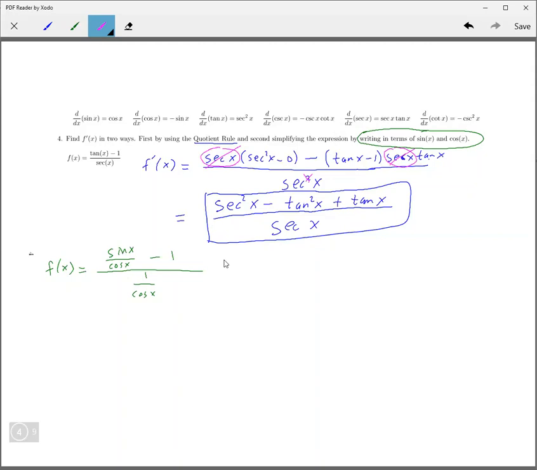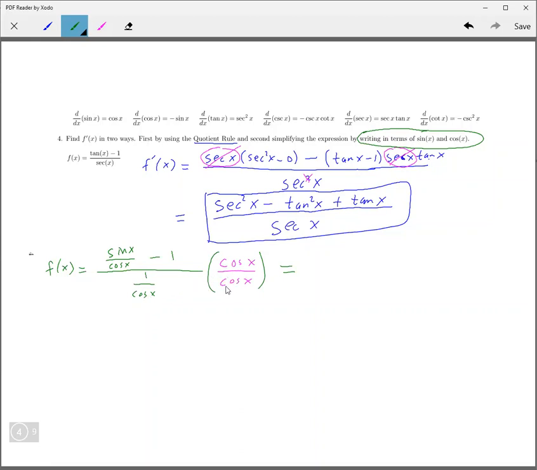So this is a complex fraction, but if you look at that term and that term, the common denominator is cosine x. So this is not too bad to deal with. So you multiply by this fancy form of 1.